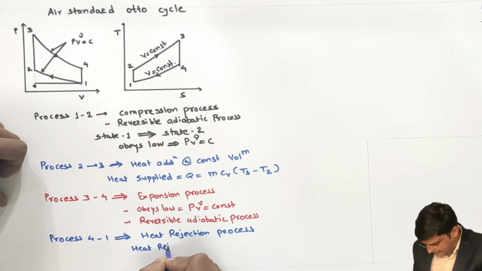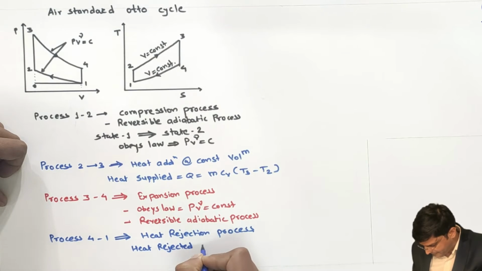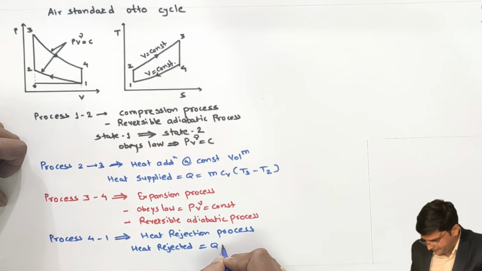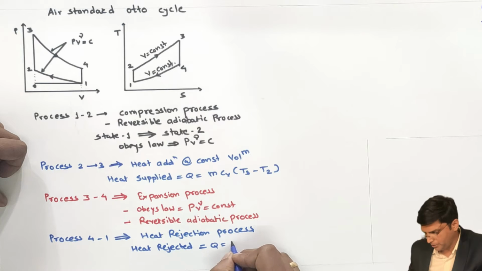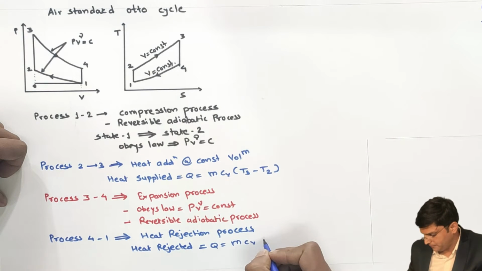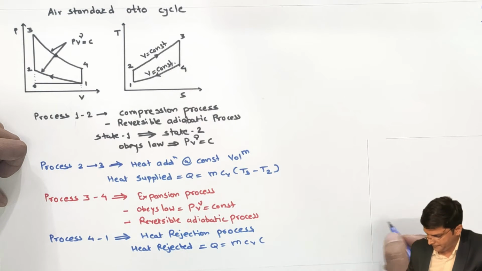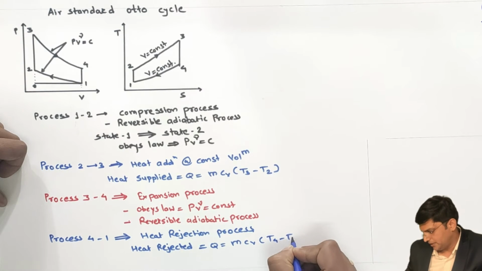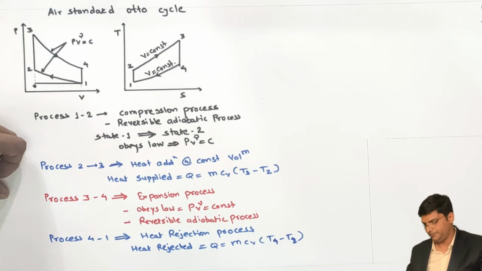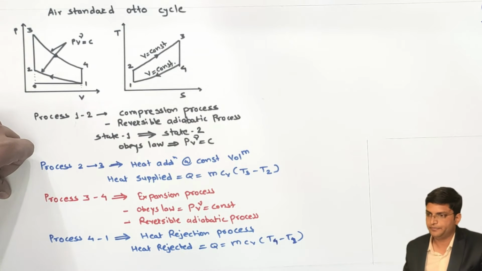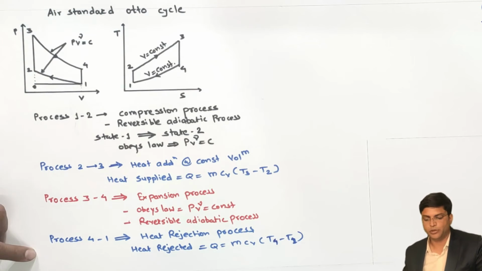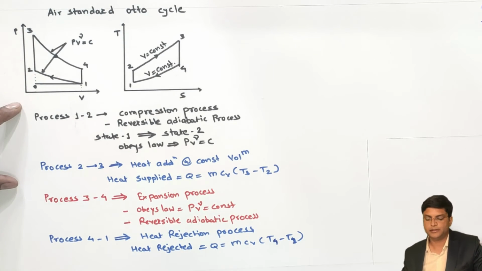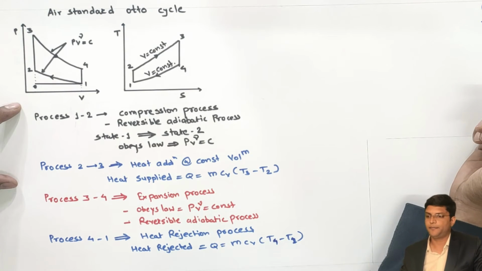Now heat rejected is calculated by again the formula Q is equal to m Cv delta T. Here the change in temperature is T4 minus T1. Now these are the 4 processes of the Otto cycle.